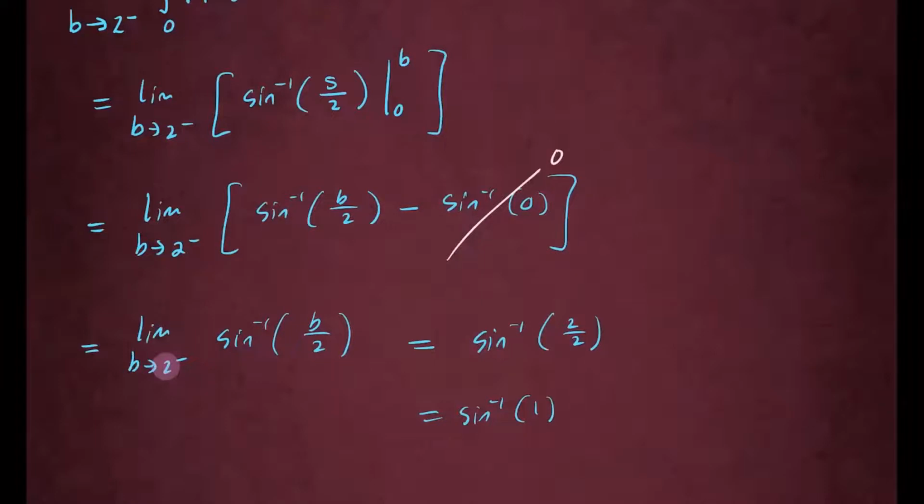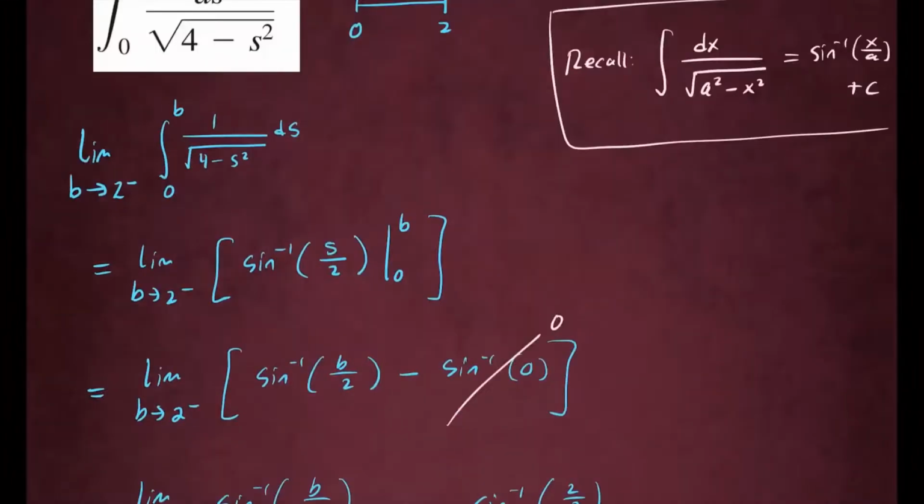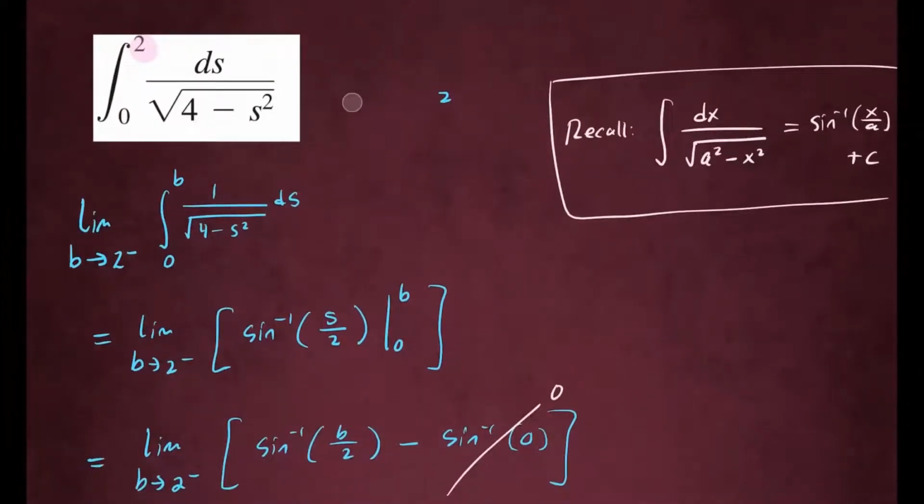And from our knowledge from before, sine inverse of 1 is pi over 2. So this answer is pi over 2, which means this integral that we've been working with converges to pi over 2. So that's the value for this integral.